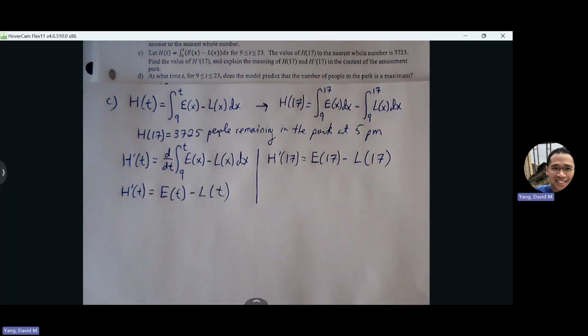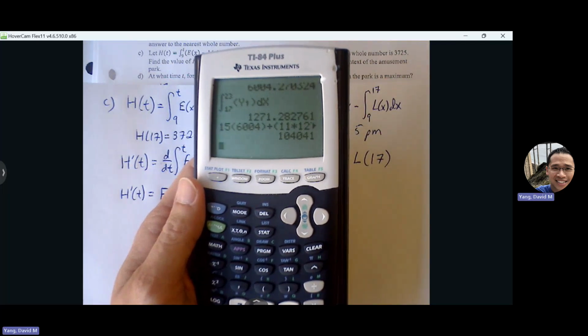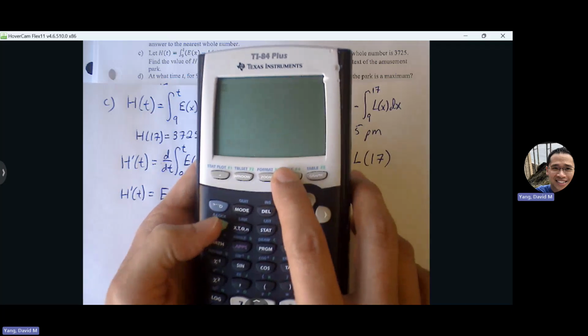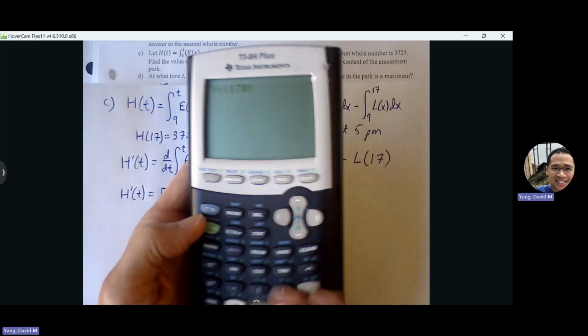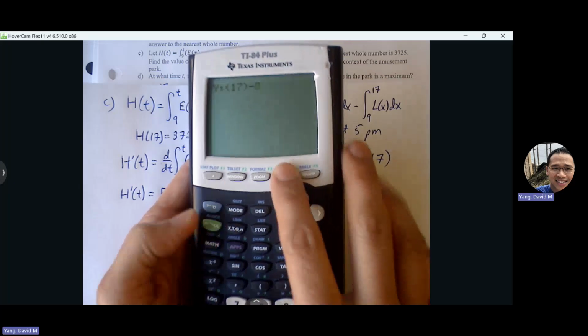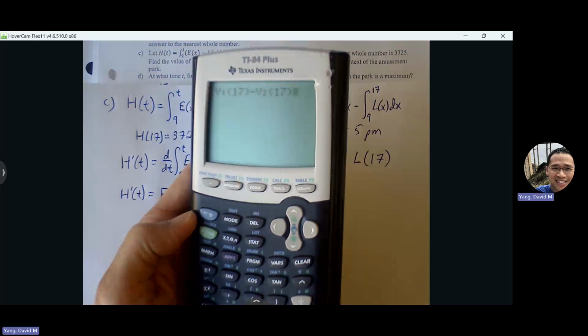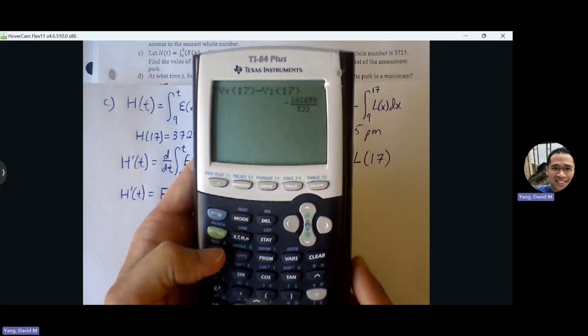So let's try putting that in the calculator. We know that E of t is held under y1. We know L of t is held under y2. So I'm going to do alpha trace y1 parentheses 17 minus alpha trace y2 parentheses 17. And we should be getting a negative number.